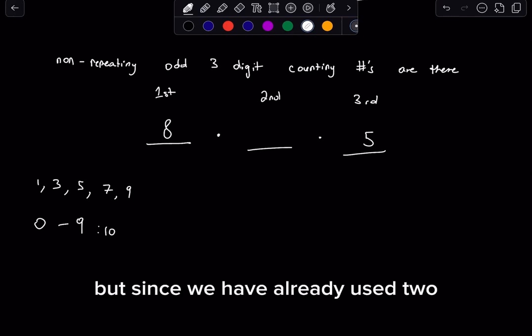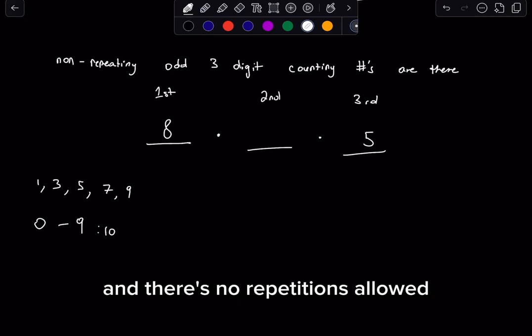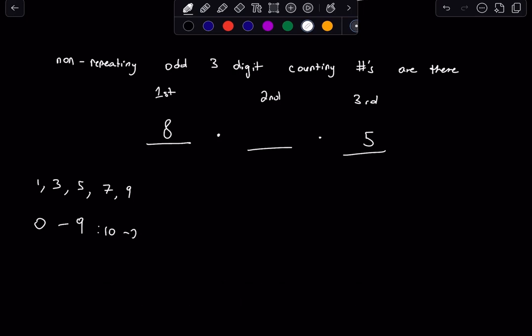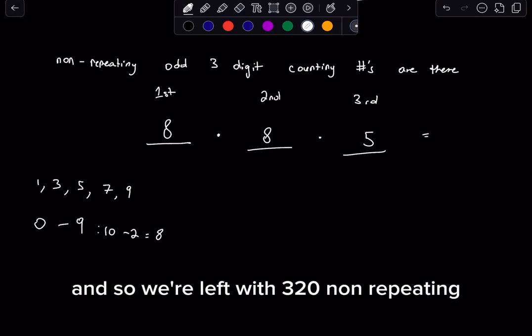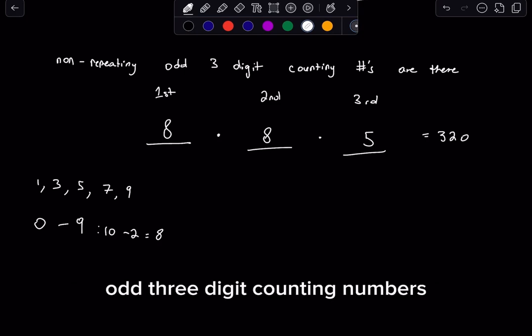But since we have already used 2 and there's no repetitions allowed, we can only use 8. And so we're left with 320 non-repeating odd 3-digit counting numbers.